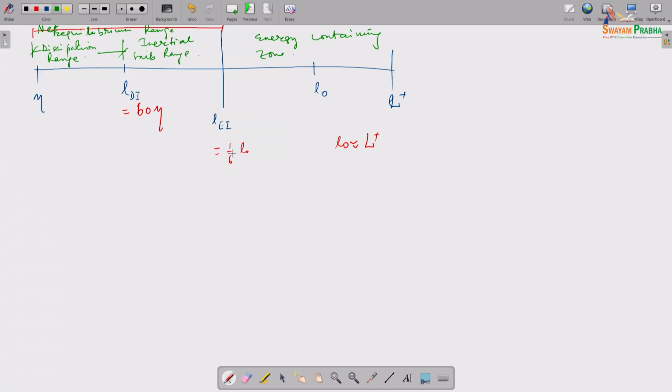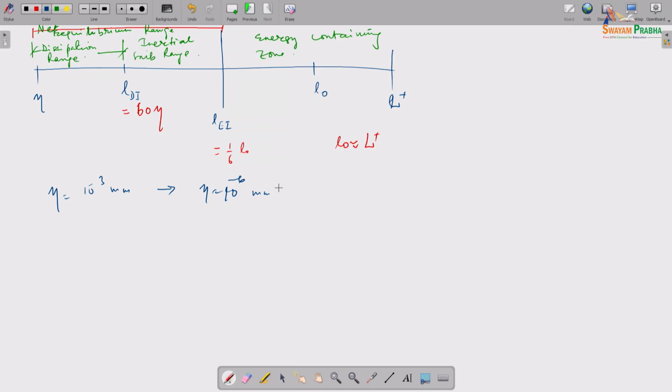Now, in this case, our length scale has actually gone from eta equal to 10 to the power 3 millimeters to 10 to the power minus 6 millimeters.